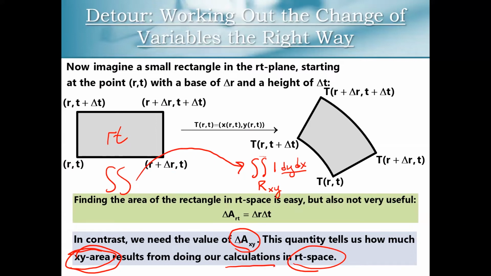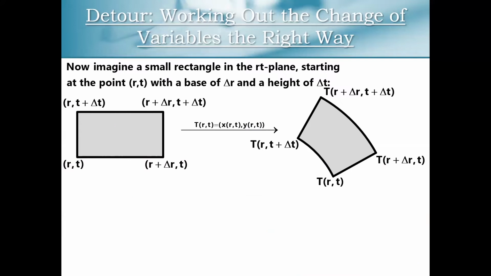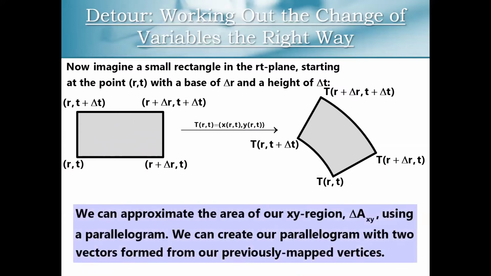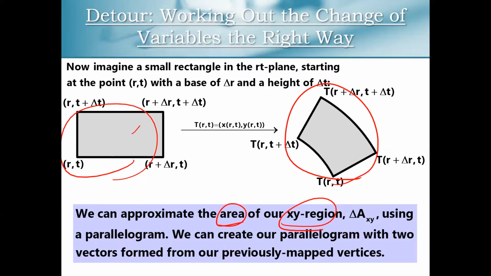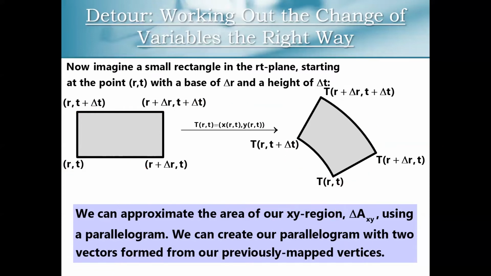That's what I'm really trying to hone in on. The good news is we have a way of approximating how much area we have in XY, right? We know the area in the RT region. We want to know how much area that translates into in our XY region. And our trick for doing this is to draw a parallelogram.